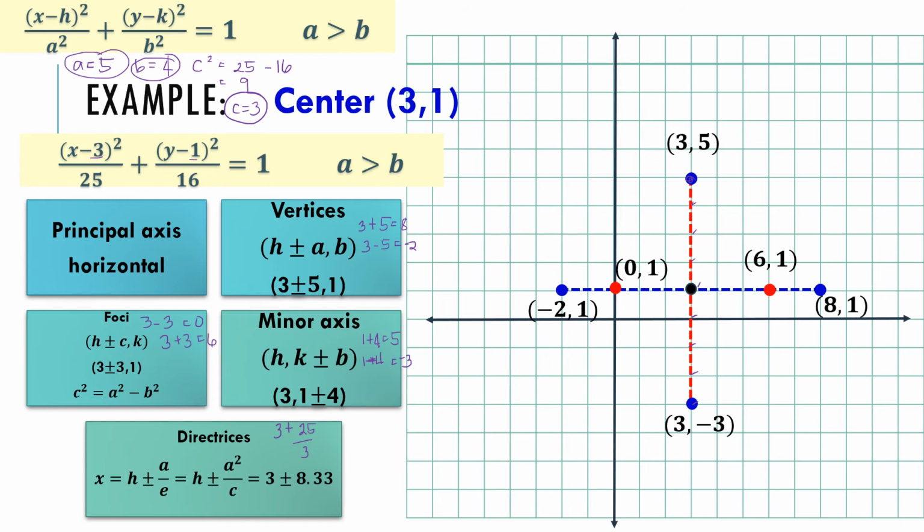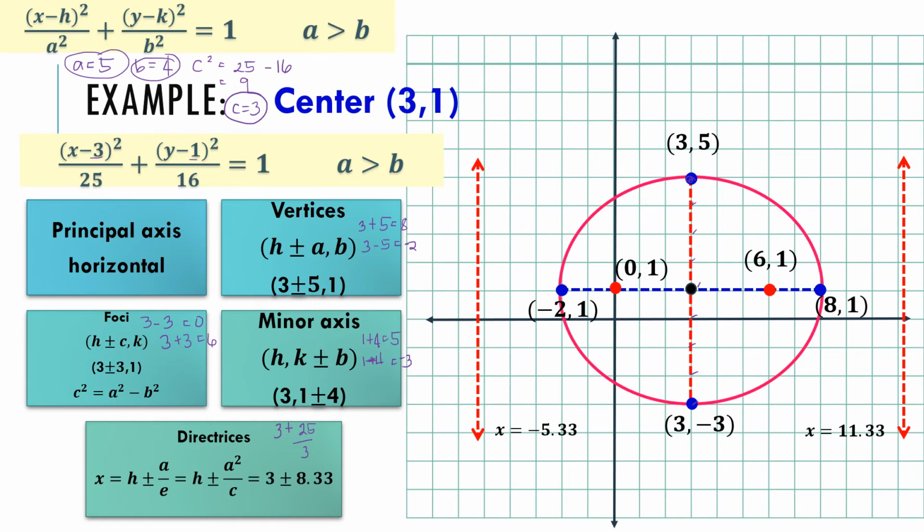So 3 plus 8.33 and 3 minus 8.33. Computing that, x equals negative 5.33 and x equals 11.33. So our ellipse is this one.